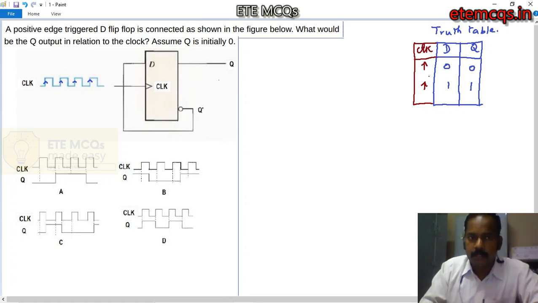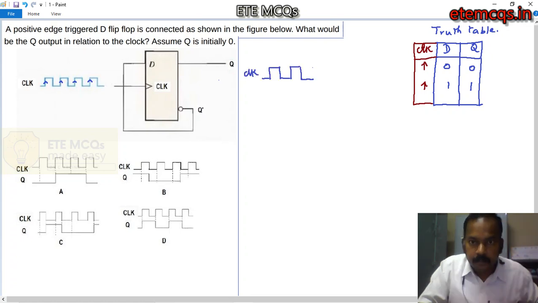Now let us represent the clock signal. The clock signal is a square pulse. And since it is a positive edge triggered flip-flop, let me put an upward arrow mark.